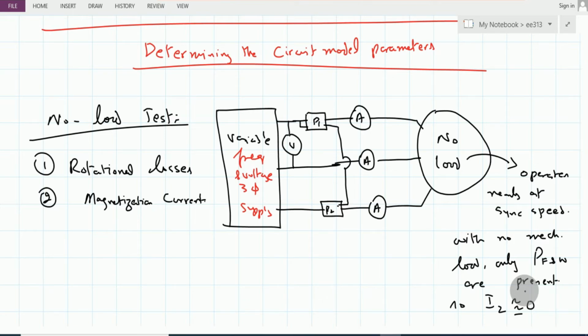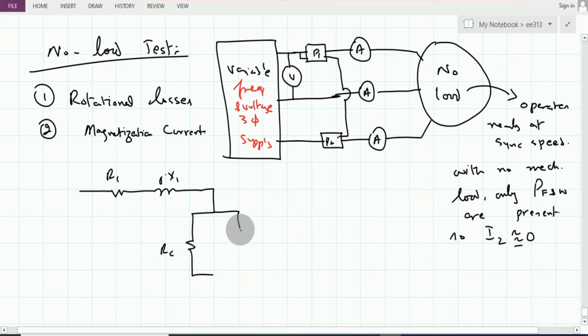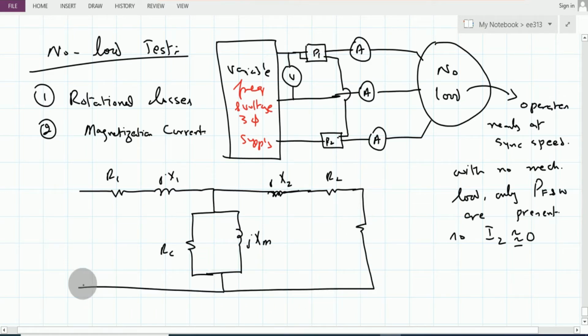Now, if I draw the equivalent circuit of an induction motor, here we have R1, this is jX1, here we have the resistance RC, this is jXM, here we have jX2, this is R2, and this is R2 (1 minus S) over S. This R2 represents the rotor copper losses, while R2 (1 minus S) over S represents the power which is converted into the mechanical domain.